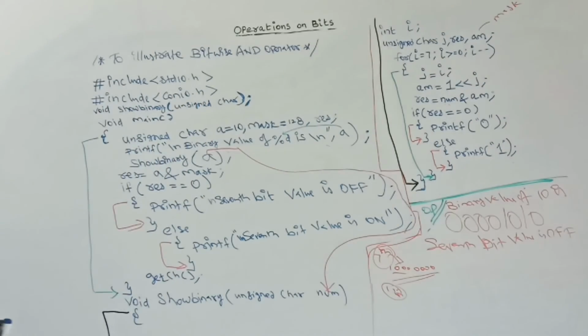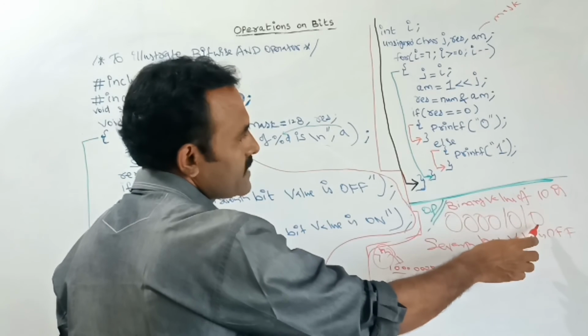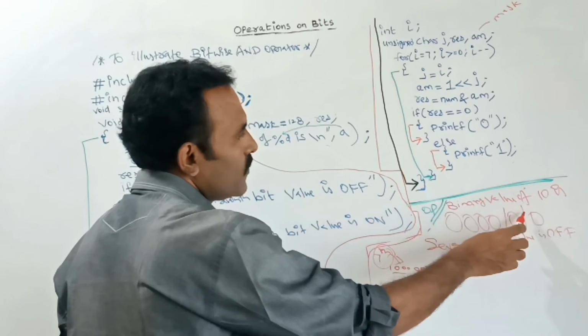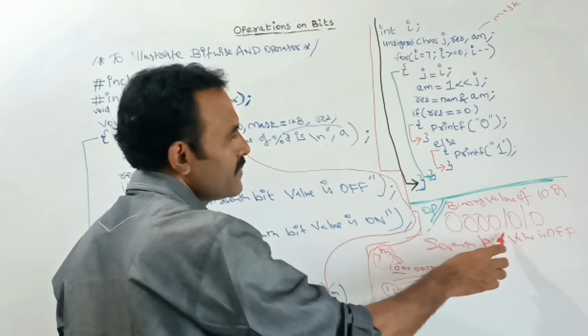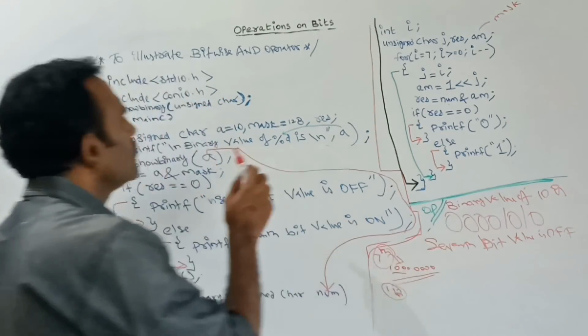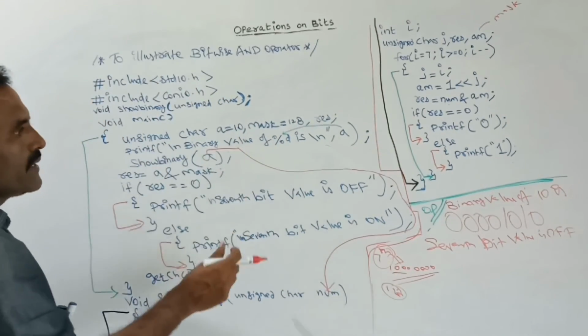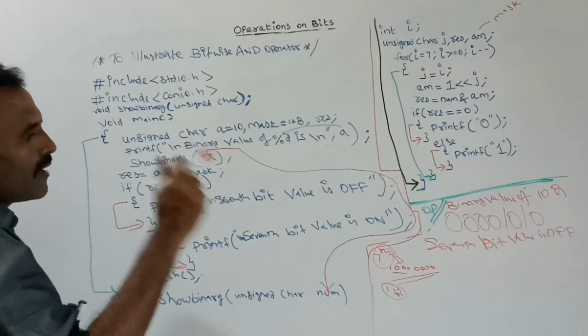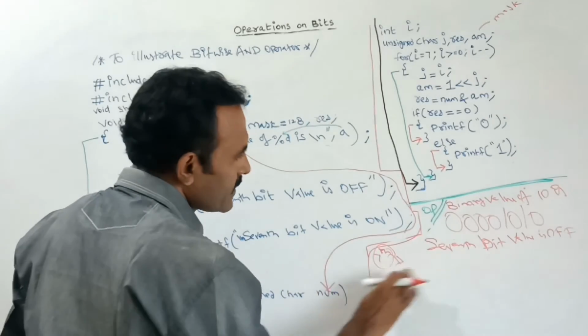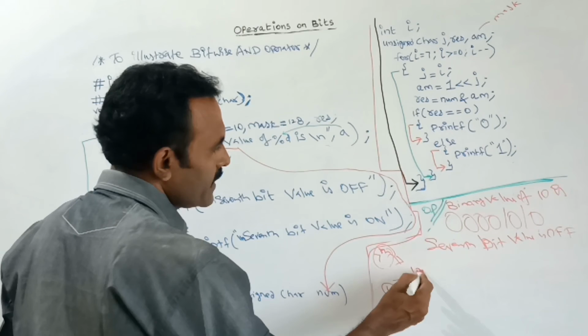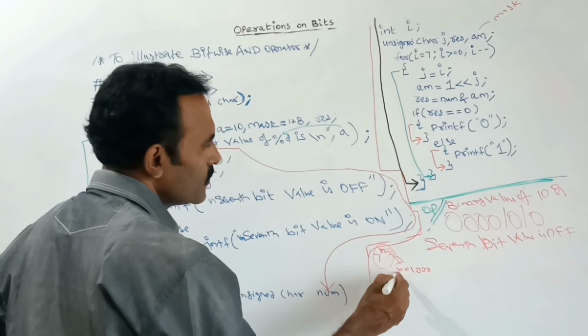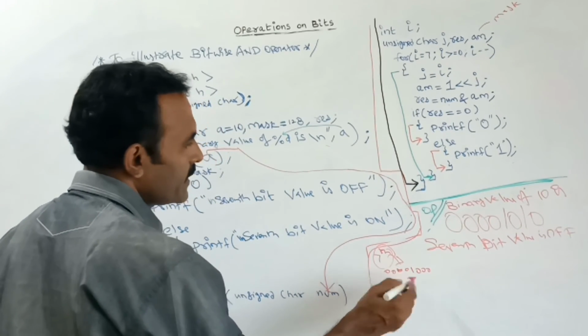Suppose I want to find the third bit. Let us take this third bit: 0, 1, 2 and 3. This third bit value is on. If I want to find the third bit, I should apply a mask value where the third position value is 1 and every remaining bit value is 0.